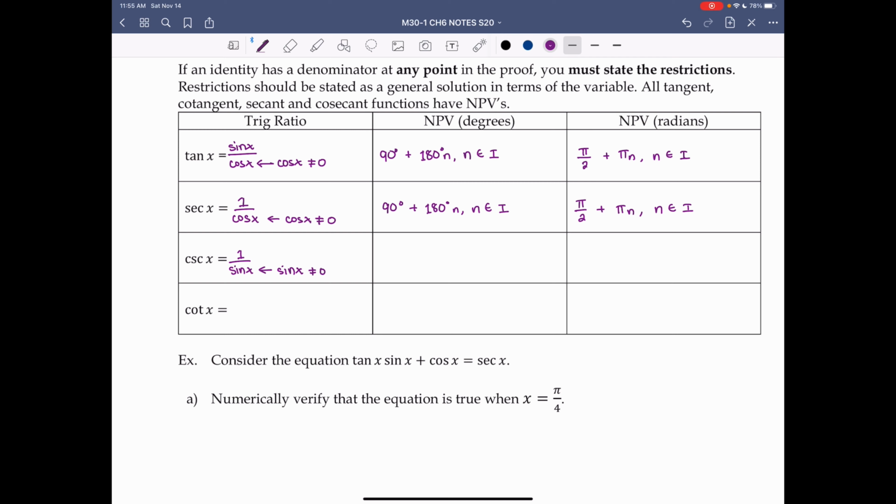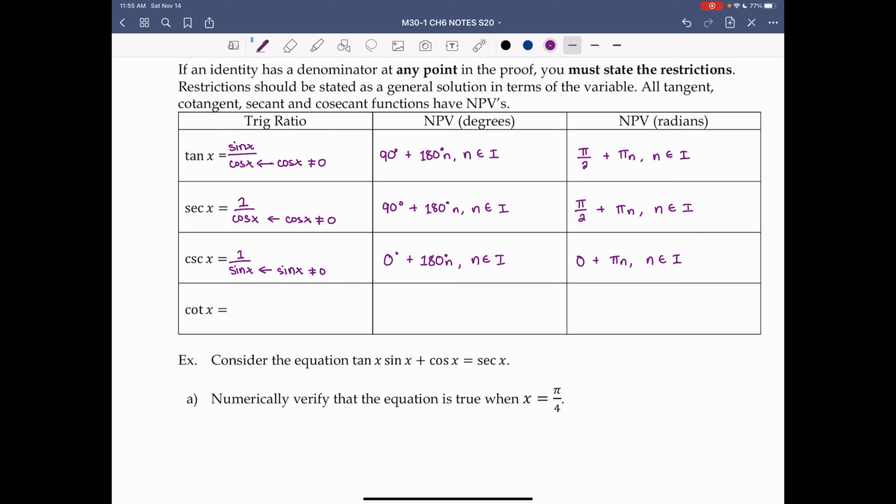So the general solution for when sine x equals 0 would be 0 degrees plus 180 degrees n, where n is an element of the integers, or just 180 degrees n. And in radians, we would have 0 radians plus pi n, or just pi n, where n is an element of the integers.